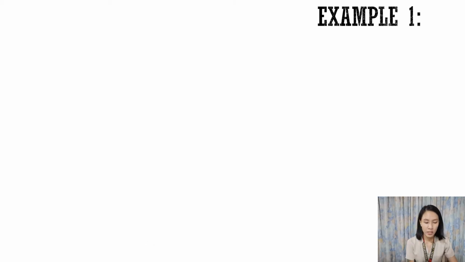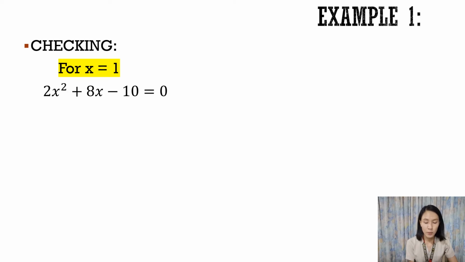To check if we have obtained the correct answer, let us do the checking for x is equal to 1. Substitute the value of x, which is equal to 1, into the given equation, 2x squared plus 8x minus 10 is equal to 0.